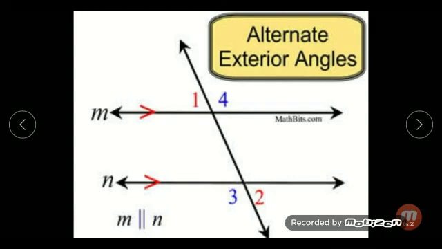Similarly, if you observe this diagram, angle 1, angle 4, angle 2 and angle 3 are outside the lines, therefore they are known as exterior angles, and these are on opposite sides of the transversal, and also the arms on the transversal are in opposite directions. So angle 1 and angle 2 are exterior alternate angles, and angle 3 and angle 4 are exterior alternate angles.